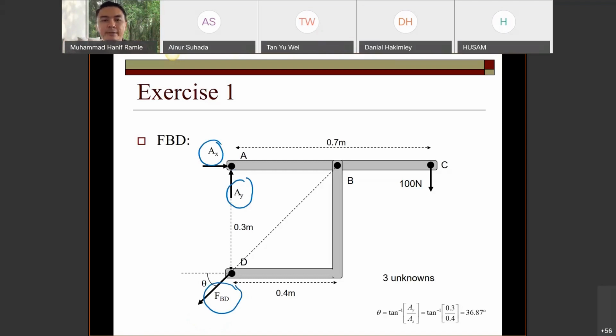Any question before I proceed? If no, once you have the completed FBD like this, you can solve it.